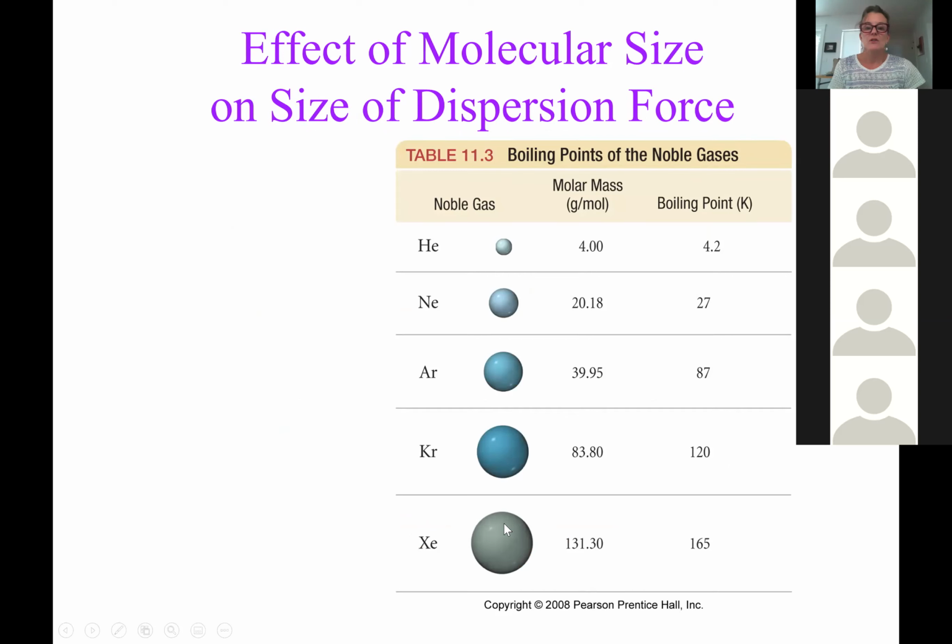So dispersion forces in xenon, which has a bigger molar mass than helium, are going to be stronger than dispersion forces in helium. It's reflected in the boiling point. The boiling point of helium is 4.2 Kelvin, and the boiling point of xenon is 165 Kelvin. That's just because it's bigger and the electrons in the outer clouds are more weakly held.